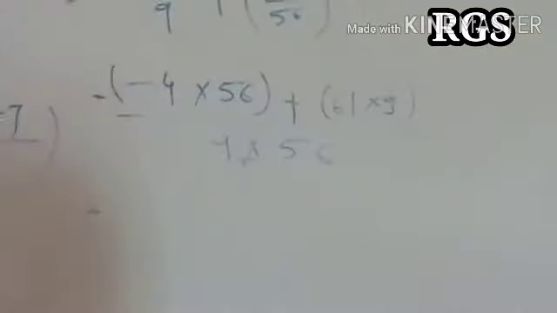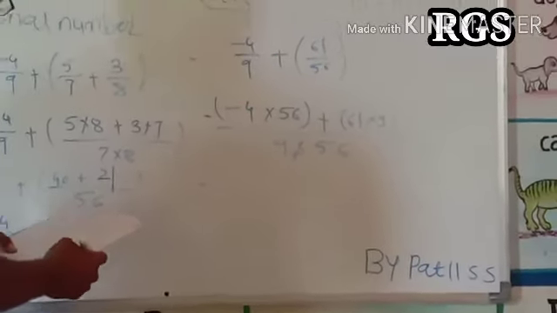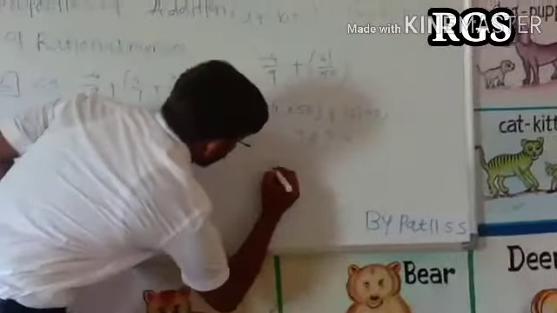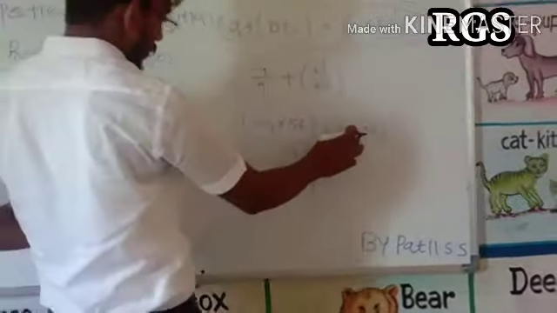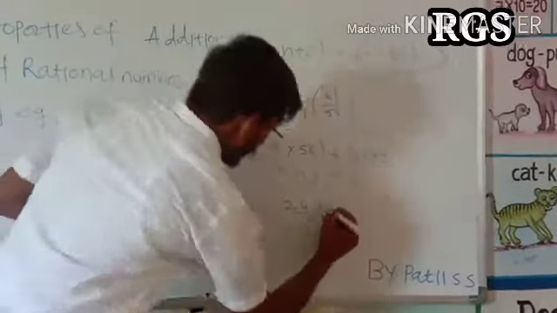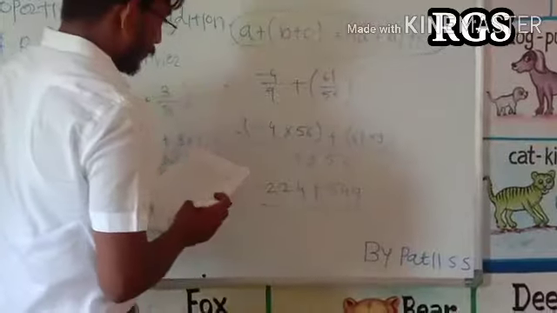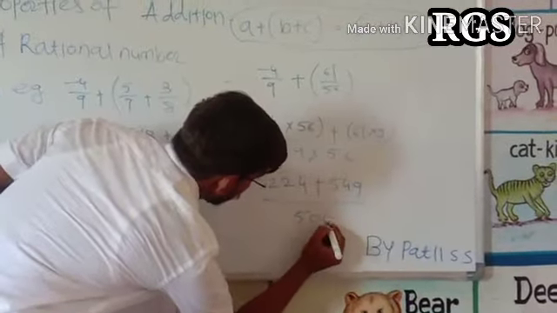What is the product of these two terms? Minus 4 into 56 is minus 224, plus the product of 61 into 9 is 549, and the product of 9 into 56 is 504.